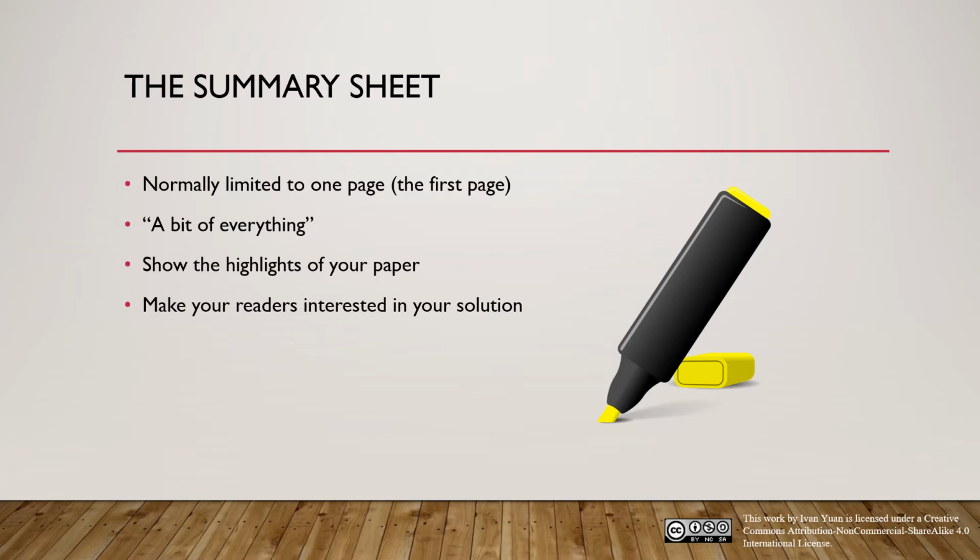You should show the highlights of your paper, which means the most important and the best parts of your paper. Because the summary sheet is the first thing your readers will read, it is really important to get them interested through your summary sheet, or else they might not even read your paper at all.